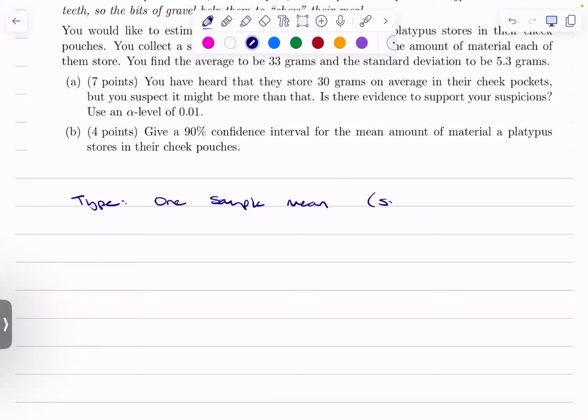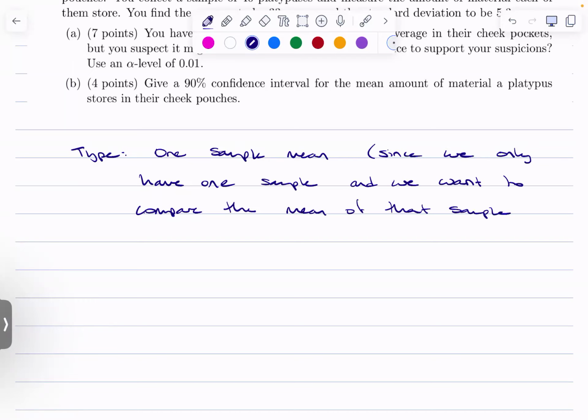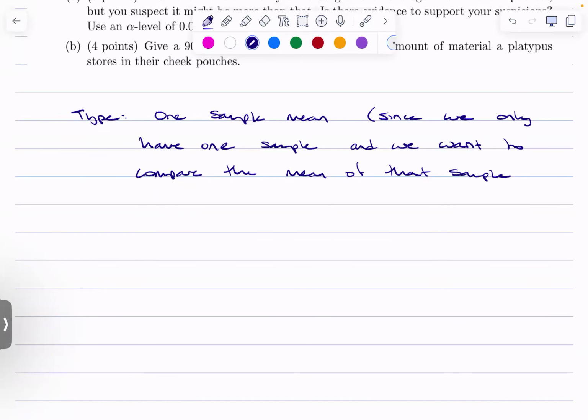One sample mean, since we only have one sample, and we want to compare the mean of that sample to 30. Maybe I'll keep it generic: we want to compare the mean of that sample to a number.